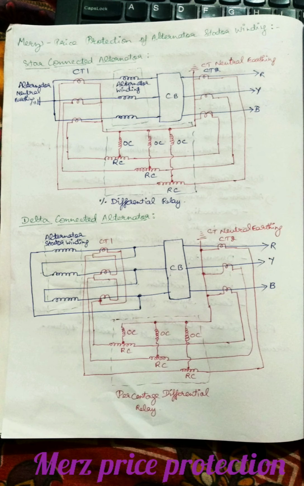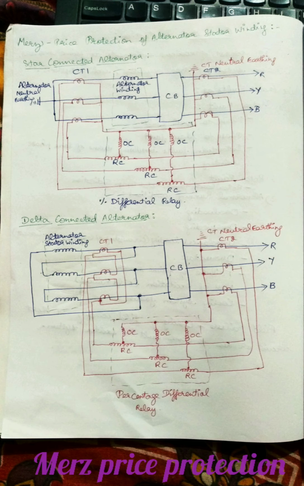The connections are varied by the CT connections, which means a star connected alternator or generator has a star type connection of the CTs, while for the delta type connection, we have a delta type connection in the CT also.